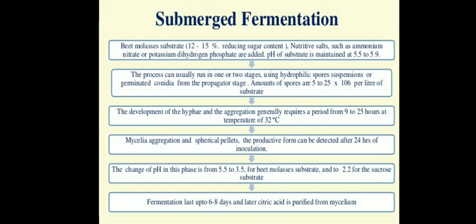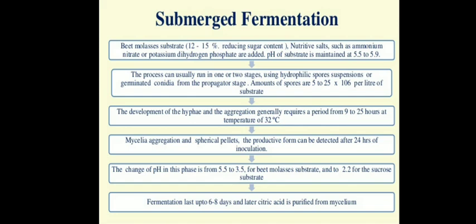First, we have developed the media using beet molasses, nutritive salts like ammonium nitrate and potassium dihydrogen phosphate. After the preparation of the medium, the pH of the medium was adjusted to 5.5 to 5.9. Later on, the inoculation of Aspergillus niger was carried out. After inoculation, the temperature of the medium is adjusted to 32 degrees Celsius and the process of fermentation starts.